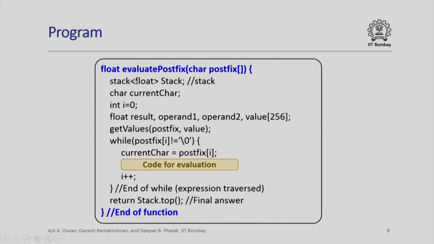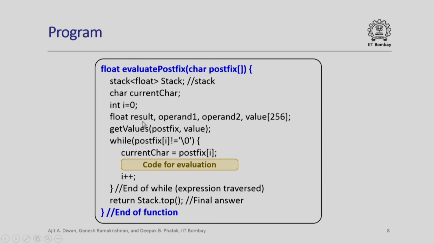Next, we look at the evaluate postfix function. This will get the postfix expression array itself as a parameter. What is it doing? We first declare the stack, a float stack, because that is what will contain all the values. There is a current char here. We start examining the postfix array starting with i equal to 0.